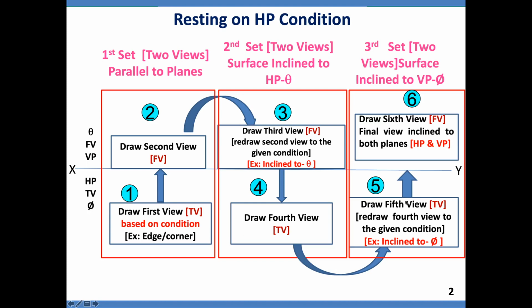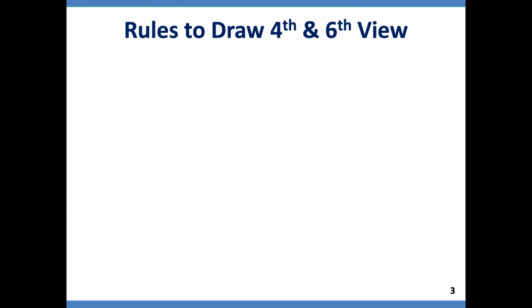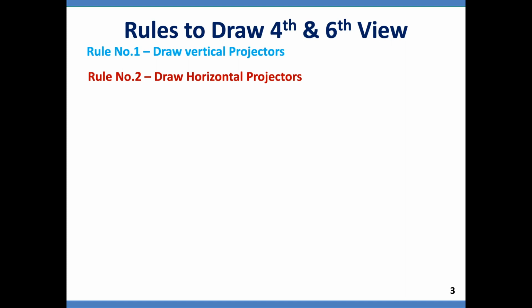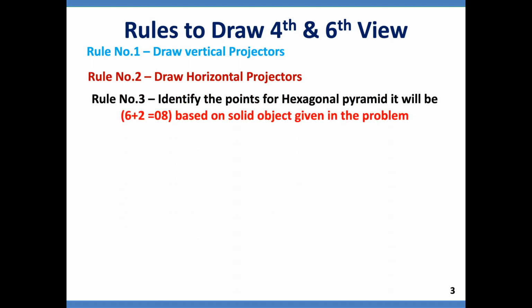The same conditions have to be adopted, but before going to solve the problem, we should know the rules to draw the total 6 views. Rules to draw the 4th and 6th view. Rule number 1, draw vertical projectors. Rule number 2, draw horizontal projectors. Rule number 3, identify the points.